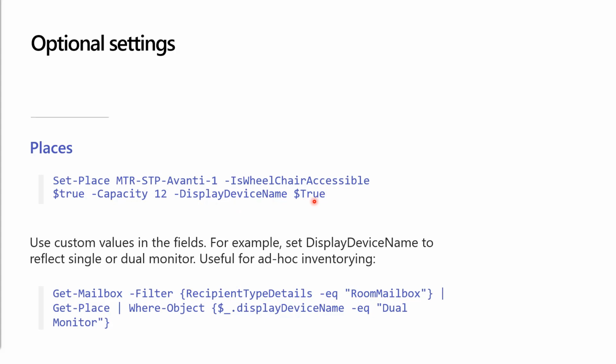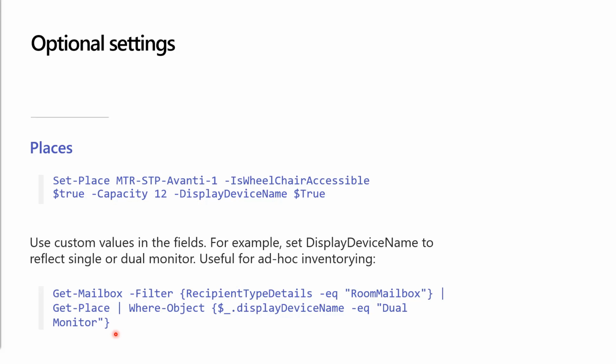Now you could get a little crazy because this is actually a text field that you can do anything you want to. So we could say this room has single monitor or dual monitor, and then we could later run Get-Mailbox, apply a filter where Get-Place is dual monitor, and then we could list as IT admins all of our dual monitor rooms.